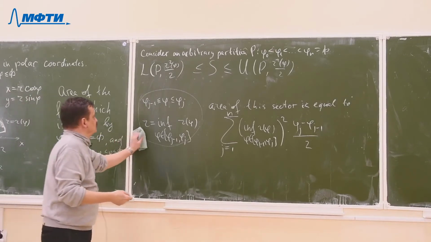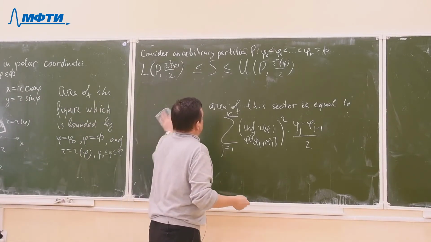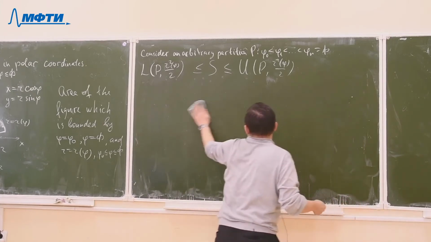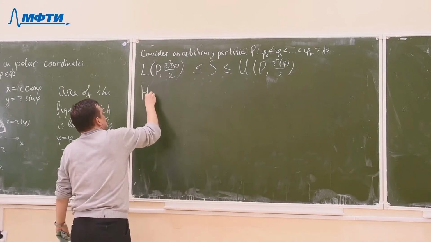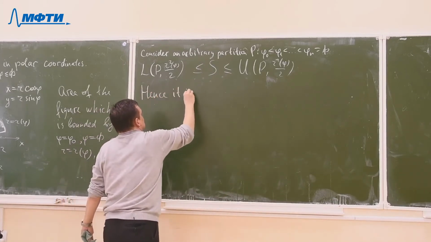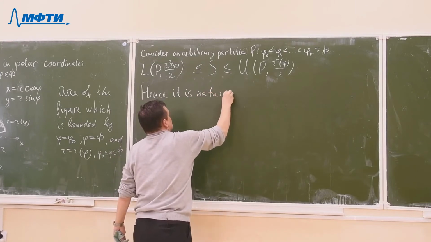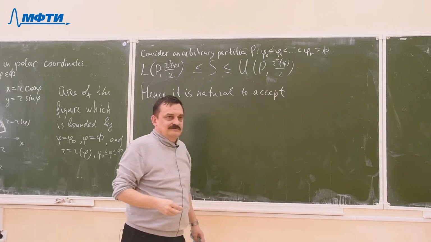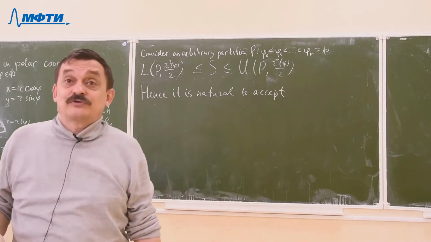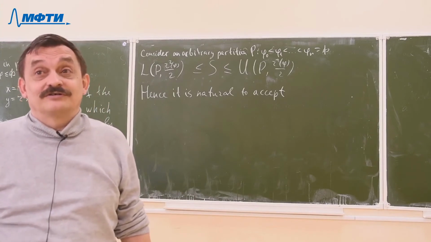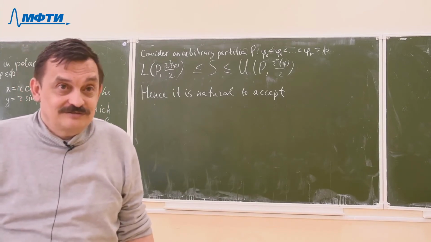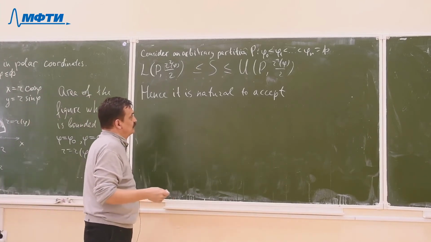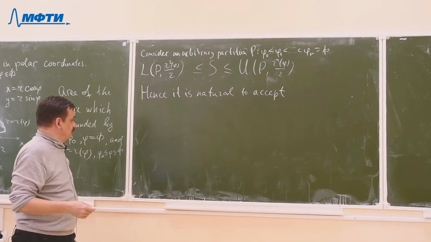Hence it is natural to accept, you see, I don't use the words proof and so on here, because there is no proof yet. We should define rigorously, and that is an absolutely different story. It should be done in multivariate calculus, as I said.